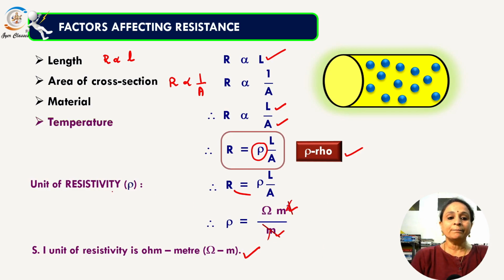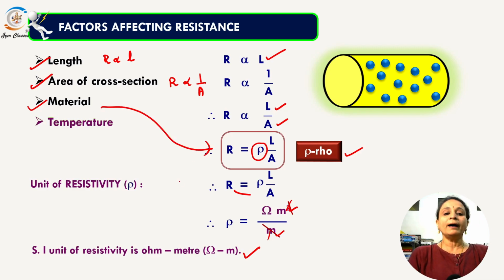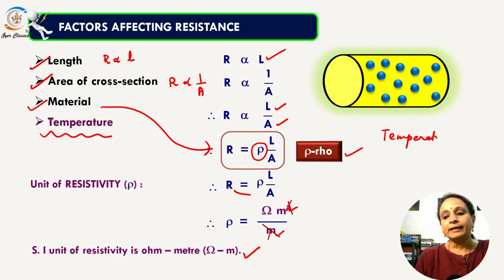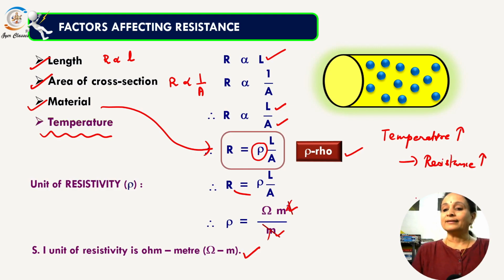Now the temperature, another important factor. If you talk about the length, the area of cross section, and the material, this is the formula you get. But what about the temperature? On increasing the temperature, the resistance also increases. Now there should be a formula for that.